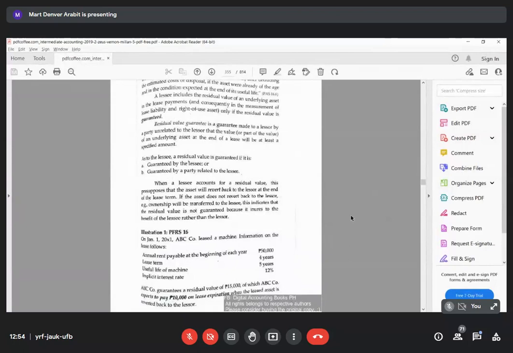ABC company guarantees a residual value of 15,000, of which ABC company expects to pay 10,000 on lease expiration when the leased asset is reverted back to the lessor. So there is a guaranteed residual value of 15,000, of which 10,000 lang yung babayaran ni lessee. Si lessee nga ba? Yes.